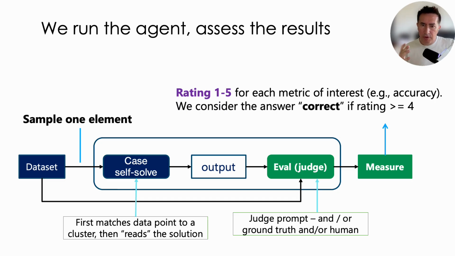And as you may remember, when we discussed this, we also discussed the possibility of having some kind of judge that takes the input and the output of our magic self-solve system and then tries to say whether the solution proposed is good for the case at hand.